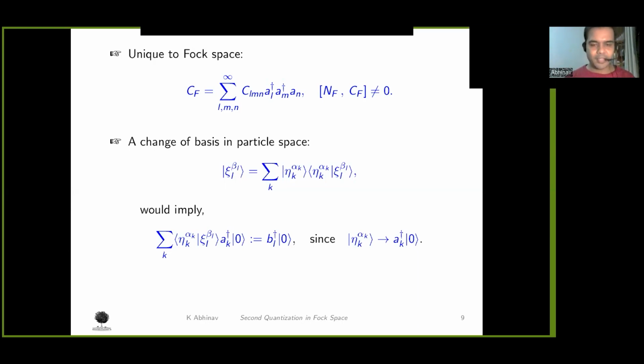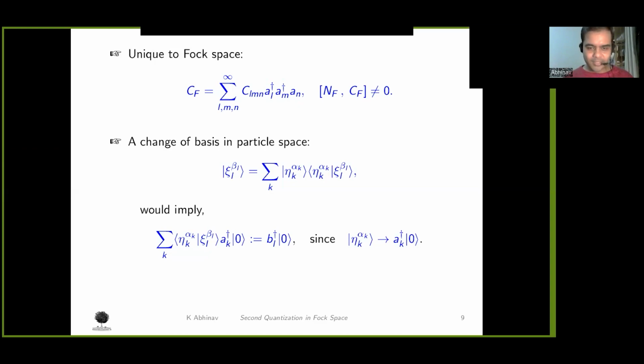And similarly, the annihilation operators can also change under a basis transformation like this with the same coefficients. So that means the operator coefficients in Fock space correspond to the states in the bosonic space. So indirectly here we can see how the so-called field theory arises.